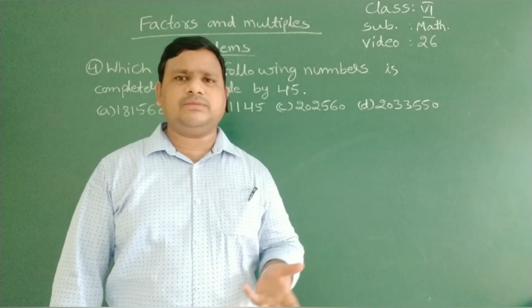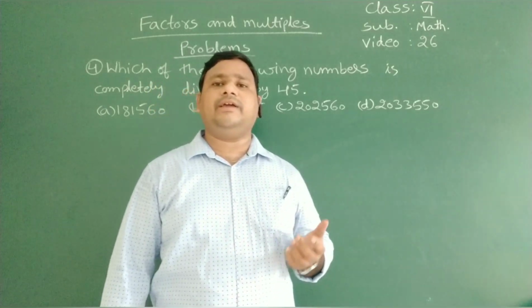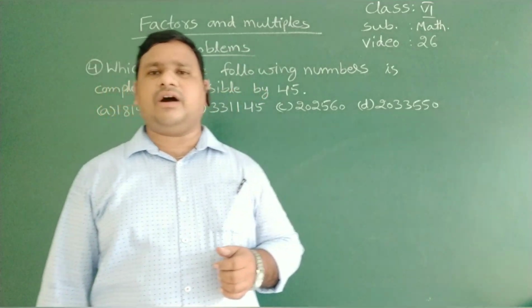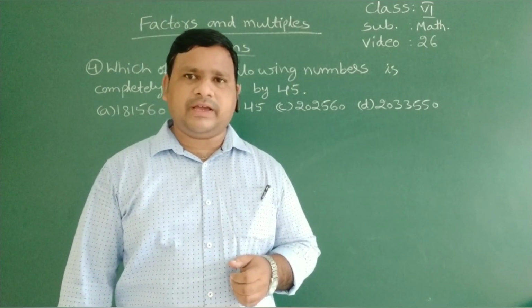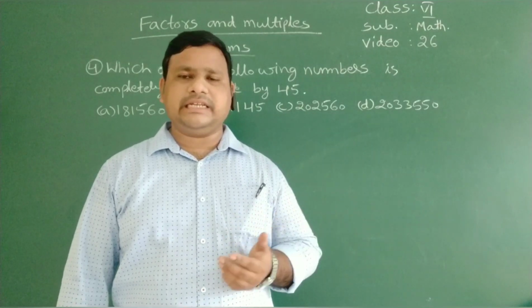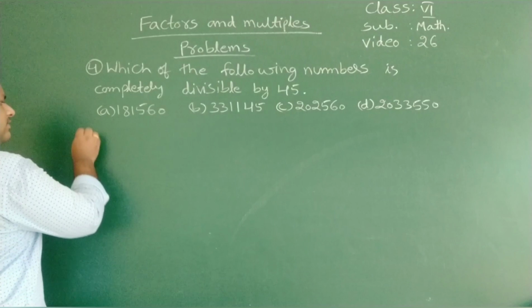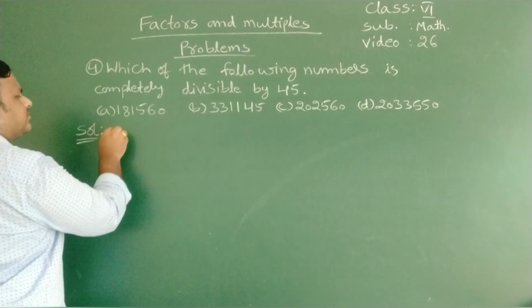So the 45 divisibility rule we didn't discuss, but we can make the co-prime factors. The co-prime factors for 45 are 5 and 9. If a number is divisible by both 5 and 9, then automatically it is divisible by 45. Okay, so here I will write the condition first.